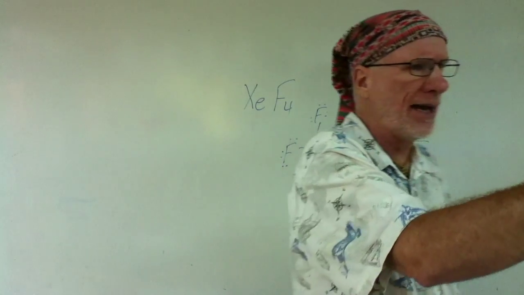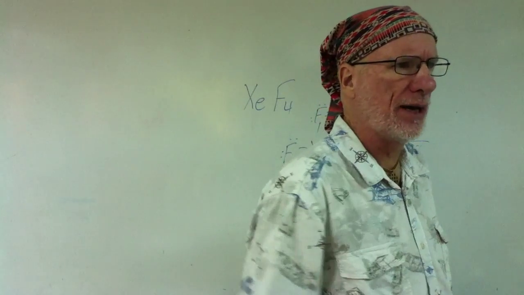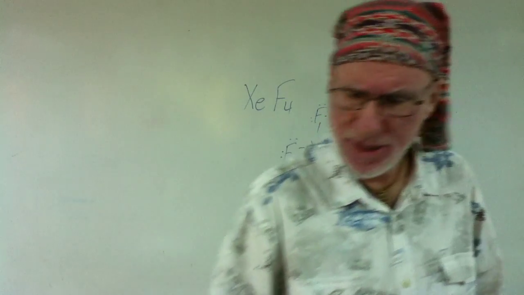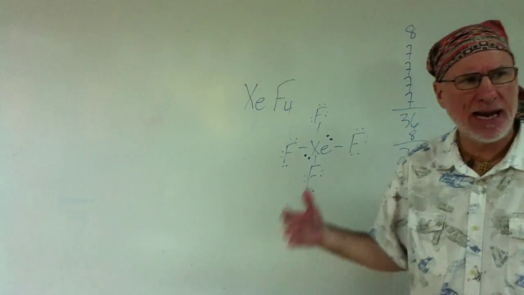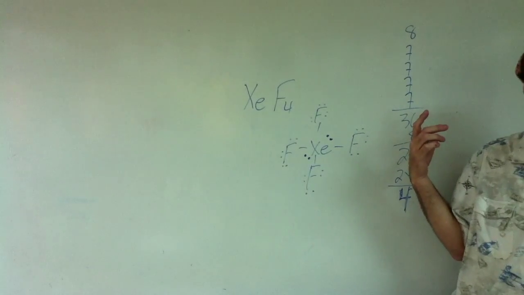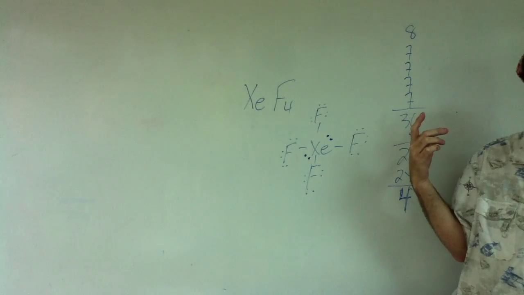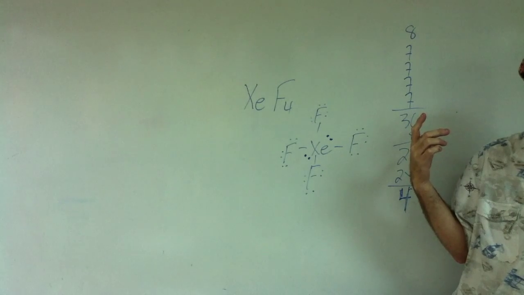Could you bring forward, Kate, a square planar model, please? Now you'd have to actually make the geometry. You'd have to actually make a square planar model. Is that square planar? Not even close.